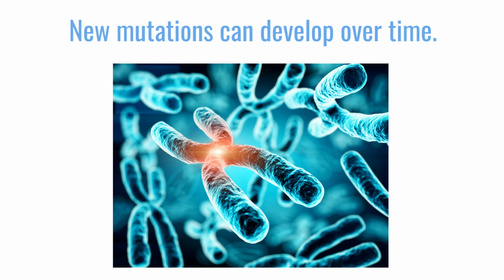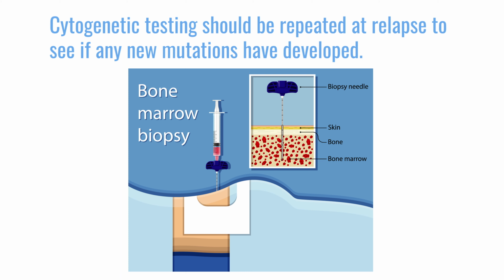One thing that does happen on occasion is that someone will not, at the time of diagnosis, be 17p deleted. And then as they go through different therapies over the years, sometimes they can develop a 17p later. And so when patients relapse, we usually do check the FISH test and cytogenetic testing again to make sure that there are no surprises or changes.